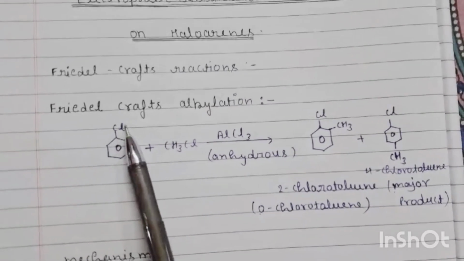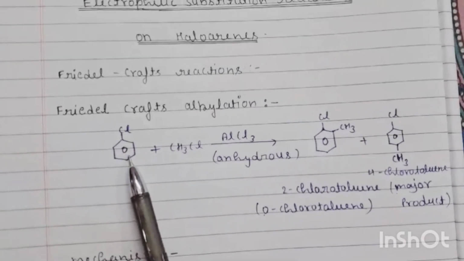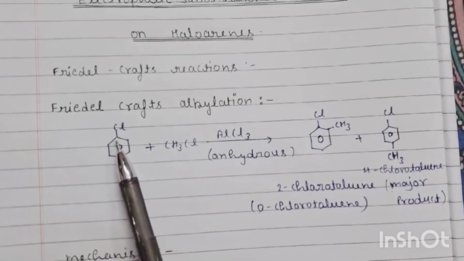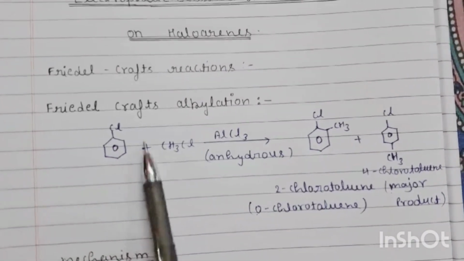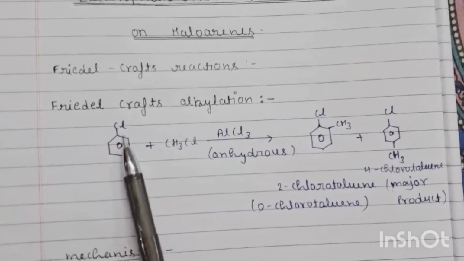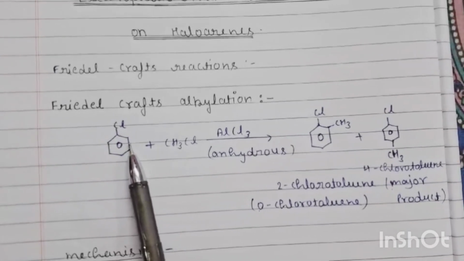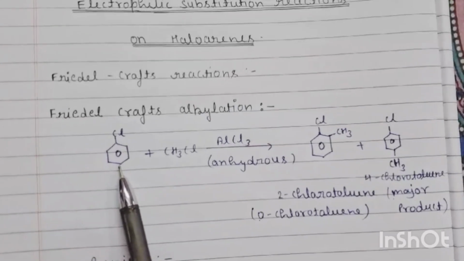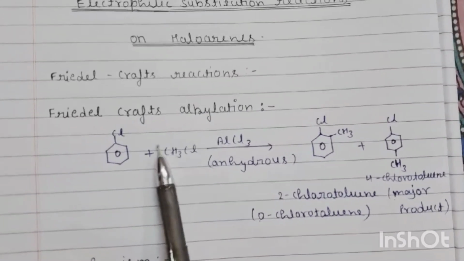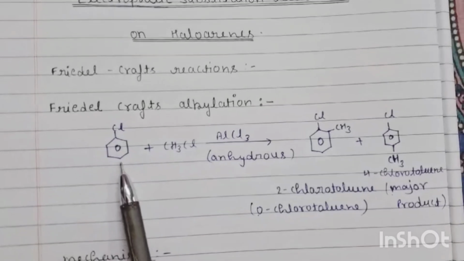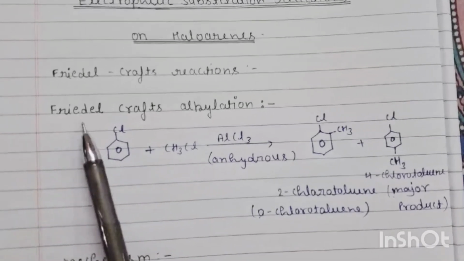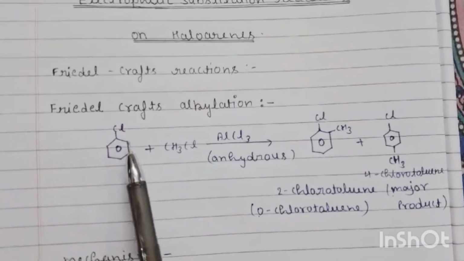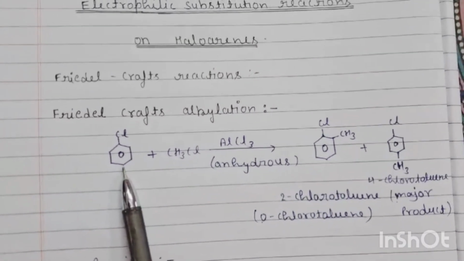Those groups which always increase the electron density of the benzene ring are called ortho and para directing groups. It means the electrophile attaches at the ortho and para positions. In the case of Friedel-Crafts alkylation, your alkyl group is attached at the ortho or para position.